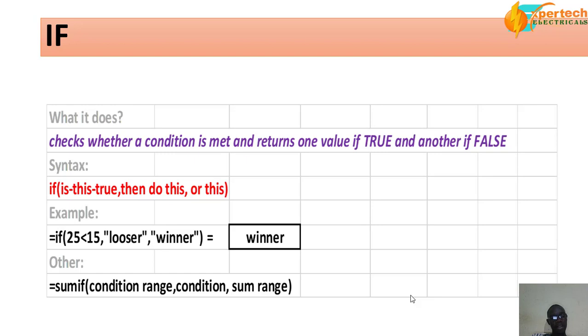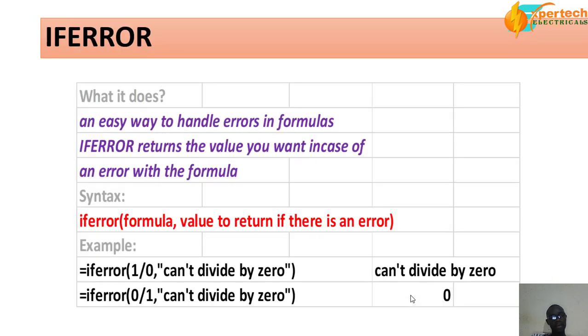Another one can be sum if, which will be followed by a range, then a condition. After that will be a sum range. A sum range is the data that you want to sum given a certain condition. Then after that, we are going to work with if error, which is an easy way to handle errors in a formula.